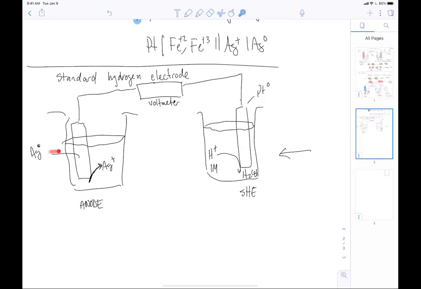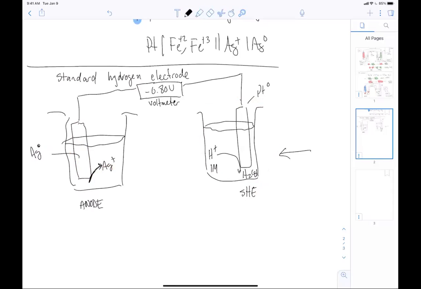If I wanted to measure the potential energy associated with this reaction, where I have silver on the electrode over here and it's being oxidized to silver plus, I would measure it against the standard hydrogen electrode over here, and I would get some sort of voltage out of it. And that voltage would be this.